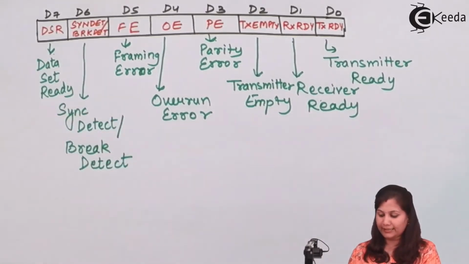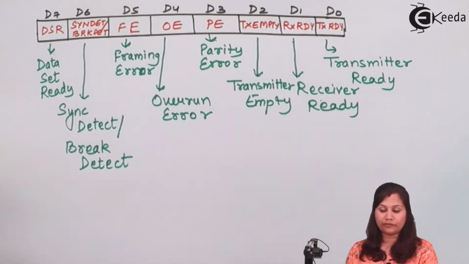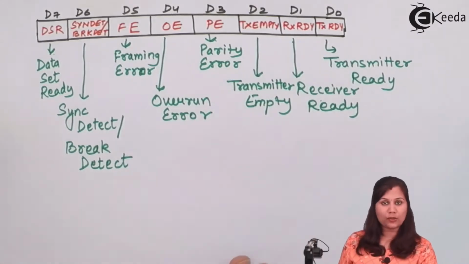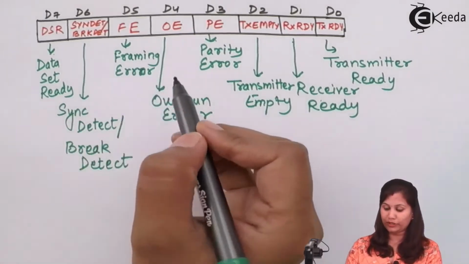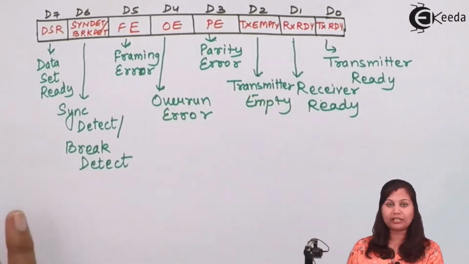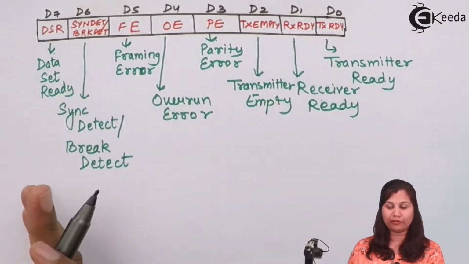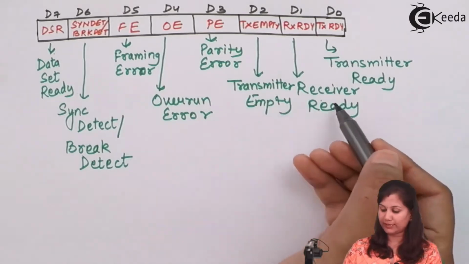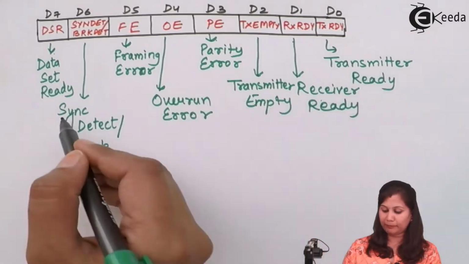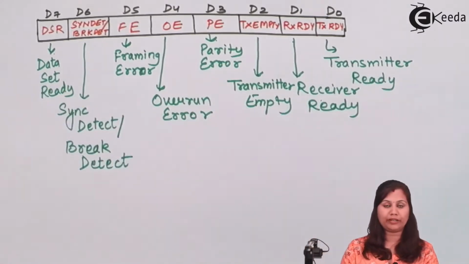You can see that in this status word we have the errors also, like framing, overrun, parity. We have the various pins of 8251 also, like transmitter and receiver. These are the pins of the 8251 which can be set or reset by using this status word.